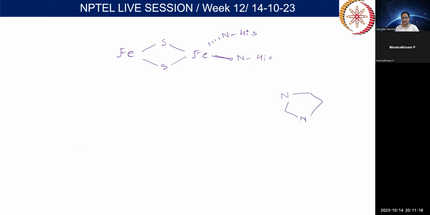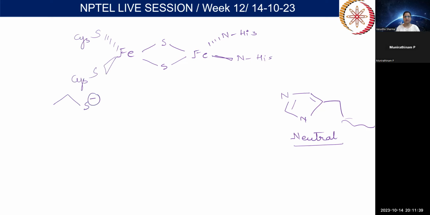So when we replace one set of ligands of the iron, it is now bound with N-histidine, which has this structure. This is a neutral amino acid, whereas cysteine, if we have it, has sulfur bound with a negative charge. So this is negatively charged.